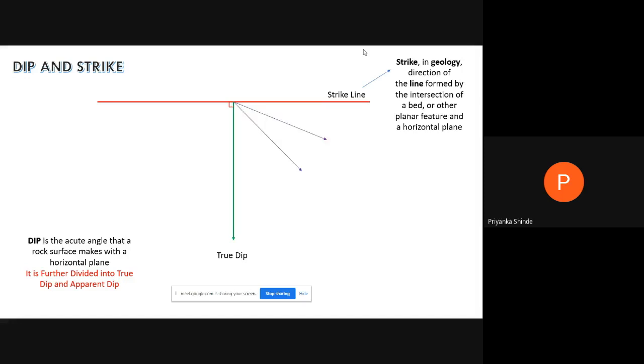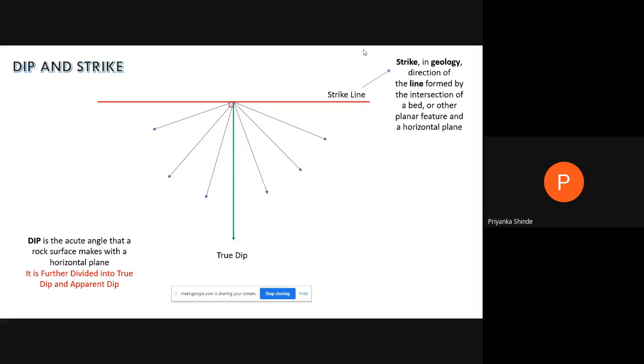Other than true dip, all the other directions are called apparent dip directions. They may be either more than 90 or less than 90. So all directions other than 90 degrees are called apparent dip directions. This concept is very, very important to solve dip and strike problems.